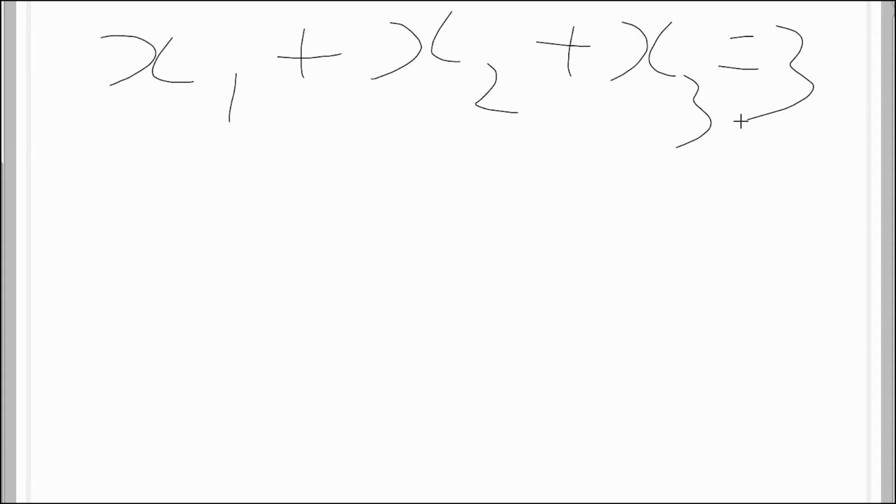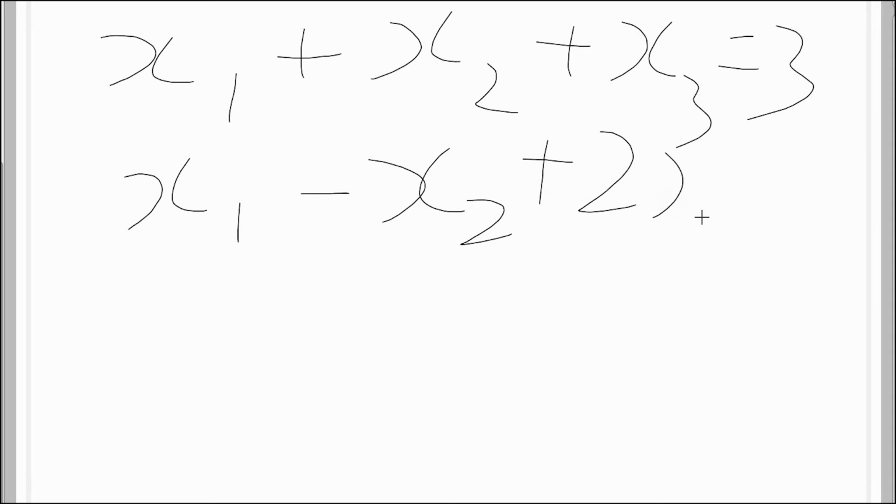Then we can have another one. Don't let me put the cat before the horse here. So x1 plus x2 plus x3 is equal to 3. Then x1 minus x2 plus 2x3 is equal to 2.